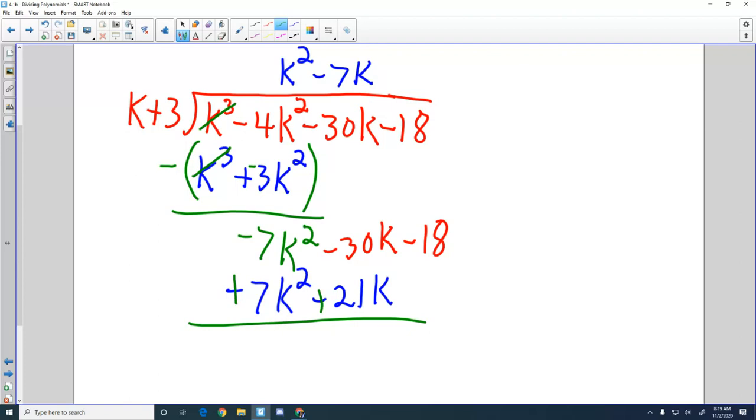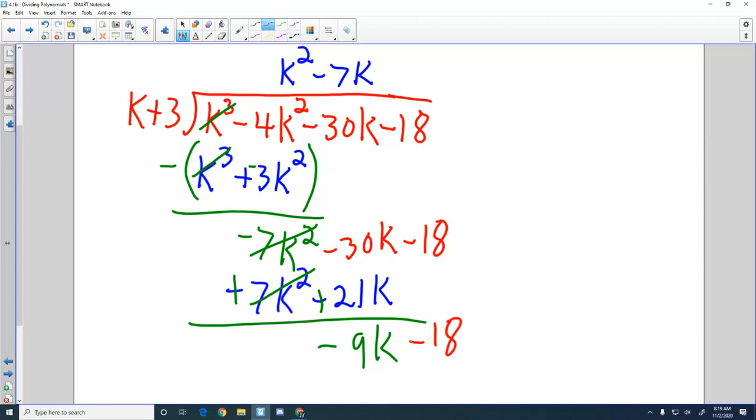I'm distributing like a negative. It's going to flip all the signs in that second polynomial. So now when I add these up, the 7k squareds cancel out. I now have a negative 30k plus 21k, which equals negative 9k. And I just drop down that negative 18.